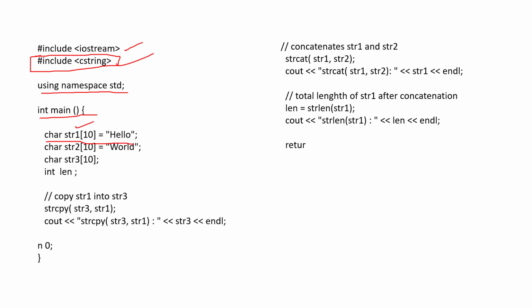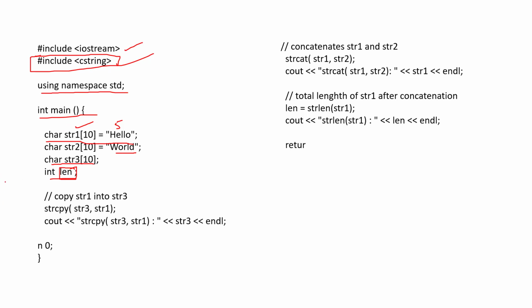It has 10 characters of space, and the word is hello, which is only 5 characters. And char str2[10] is world. Similarly, you have 10 spaces, but only 5 are used. Then again, one variable is declared but no values are added: char str3[10]. Then int length, which will be an integer value, the total length of the string.